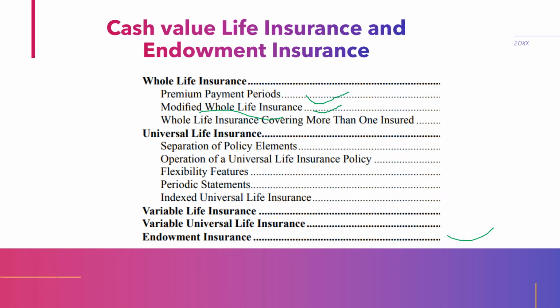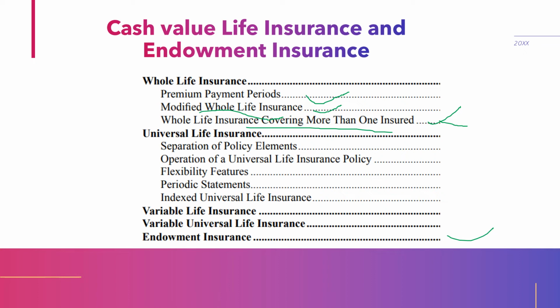Now we'll come to whole life insurance covering more than one insured. That is the joint whole life policy, in which more than one person is covered. It is of two types. The first category is first to die.